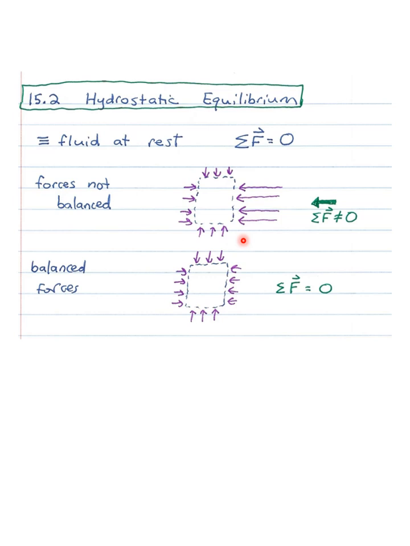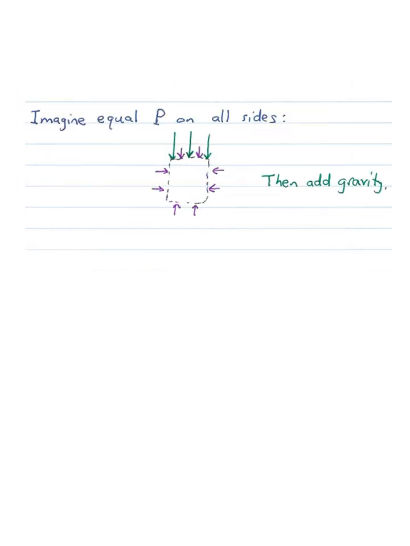So imagine a few cubic centimeters of water that are inside a swimming pool of much more water. If you imagine that the forces are unbalanced, like you can see in this top picture, then it will start to accelerate to the left. But down at the bottom, we can see if all the forces are equal in all directions, then the forces will be equal and we'll have the case of hydrostatic equilibrium.